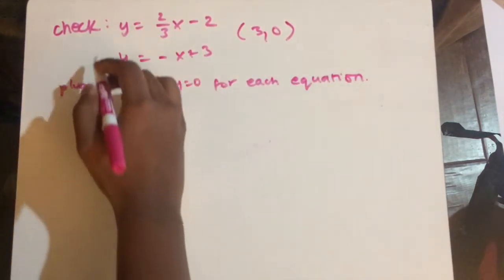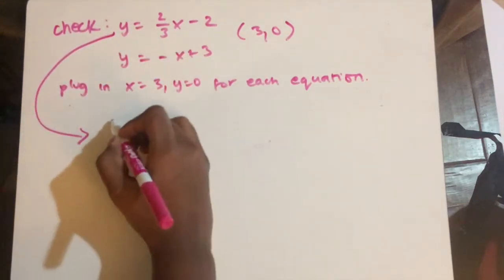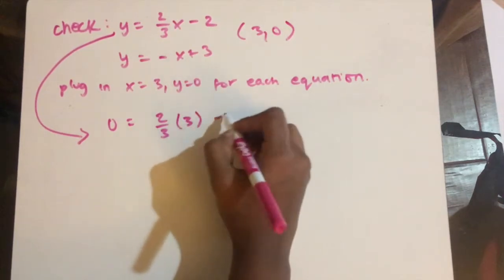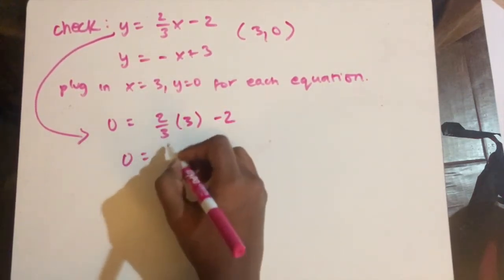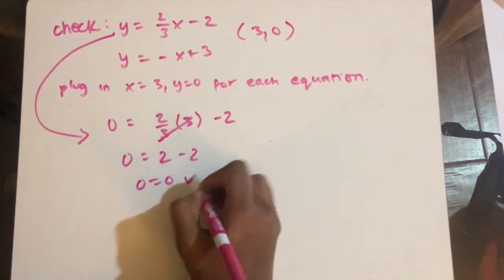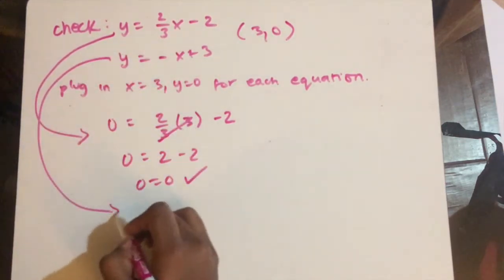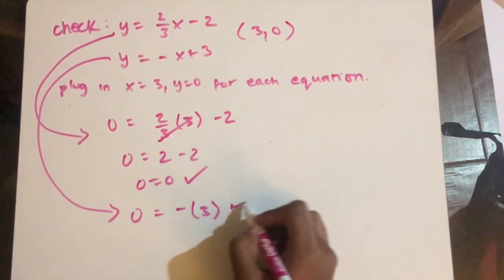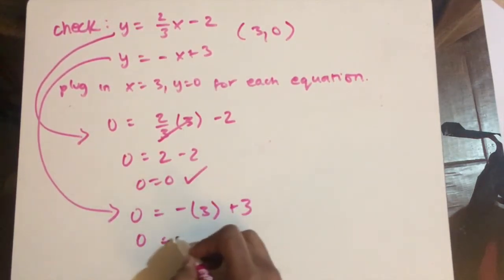For the first equation, y is equal to 2/3 x minus 2, this works out to be 0 is equal to 2/3 times 3 minus 2, which is 0 is equal to 2 minus 2. So 0 is equal to 0, and therefore the solution is correct for this equation. Now we will do the same for the other equation, which works out to be 0 is equal to negative 3 plus 3, which is 0.